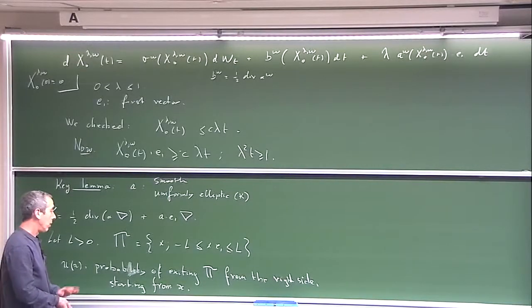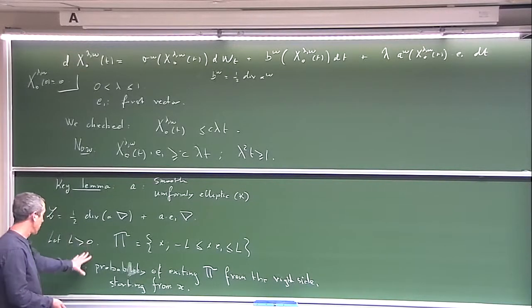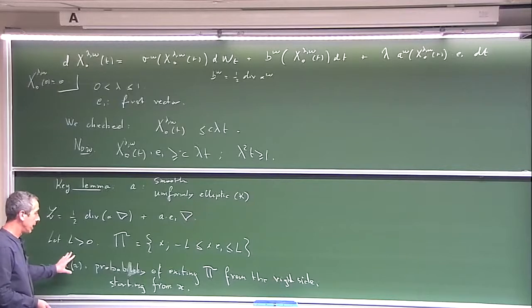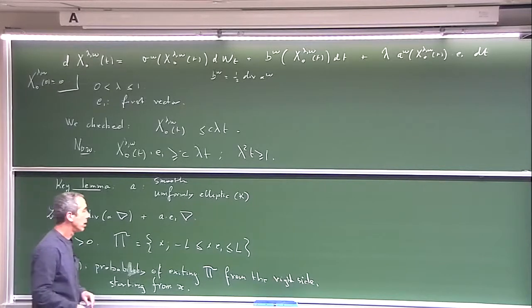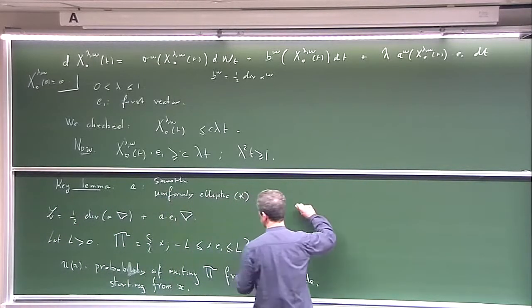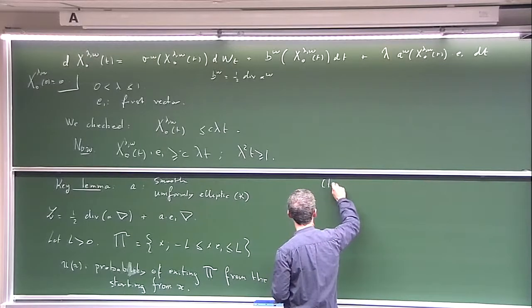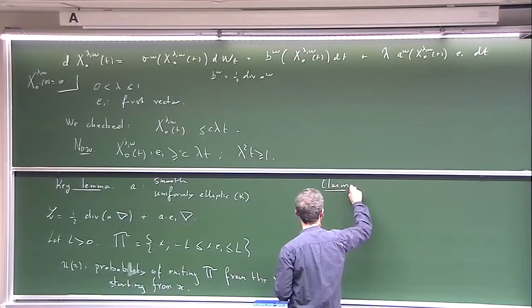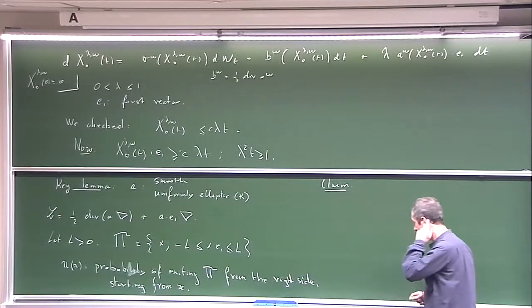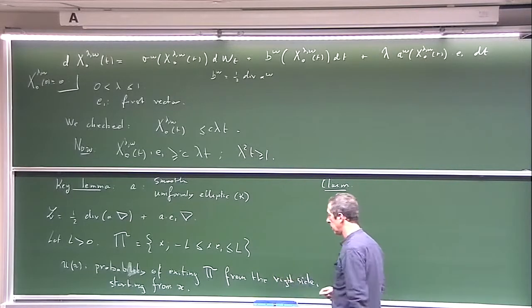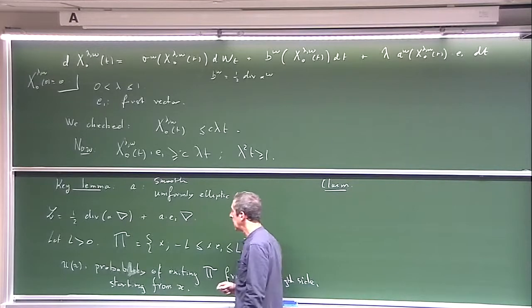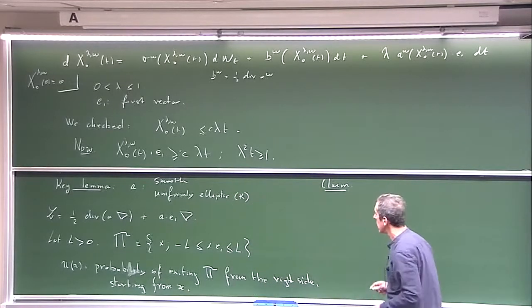So the statement is about U, which depends on L, of course, but the statement of the lemma, so the claim, is that this probability is going to be bounded away from 1/2, provided that we choose L large enough.